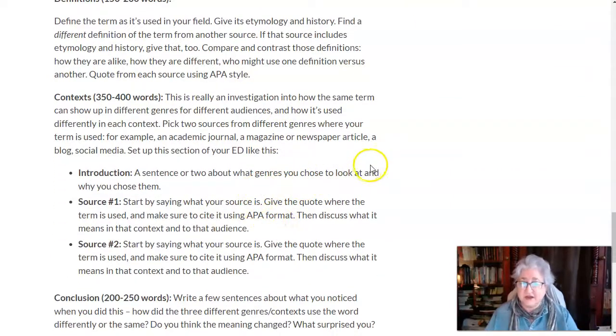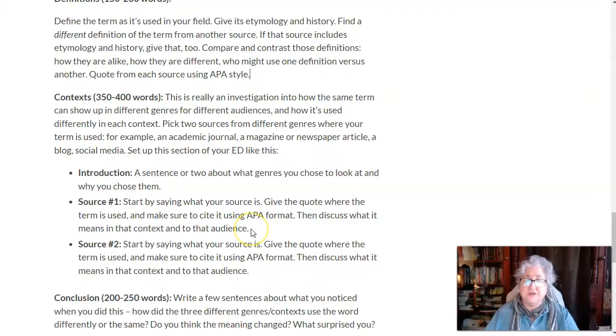The next section is the context section. Now you're going to do just what I did. I could pick a professional source. One of the professional journals in my field is called 3 C's, College Composition and Communication. Nobody calls it by that. It's called 3 C's. And there are always articles in 3 C's about rhetoric. So I can just pick one of those and pull up a quote that talks about rhetoric, and discuss what it means to that audience in that context.